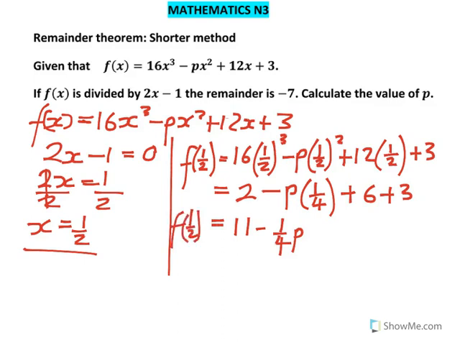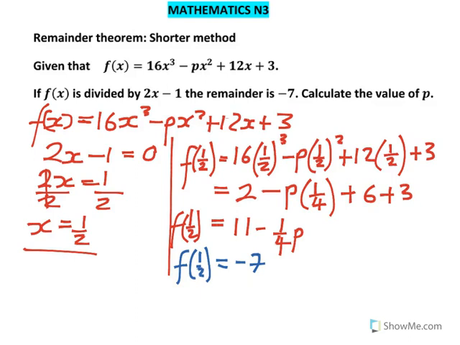Now they also told you that the remainder is negative 7. So in other words, what they are trying to tell you is that if you put f of half, we expect you to get minus 7 as a remainder.